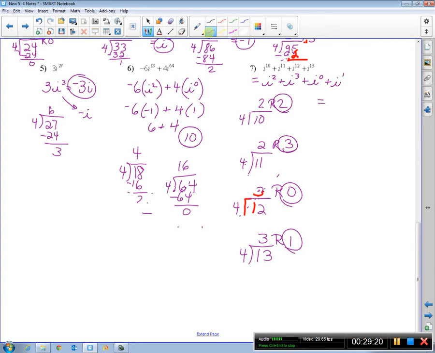And what does that equal? i squared is negative 1. i cubed is negative i. i to the 0 is 1. And i to the first is i. Negative 1 plus 1 is 0. Negative i plus i is 0. All that for 0.